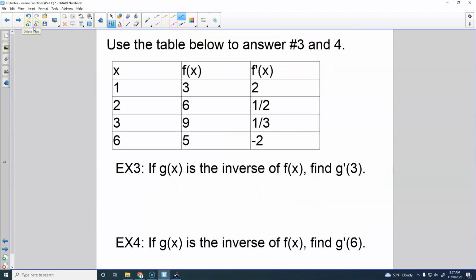Okay. This is sort of a little bit of a level up because this one is going to have distractors, right? So there's going to be several numbers here that we don't use. It also tells us that G is the inverse of F, and we're supposed to find G prime of 3.